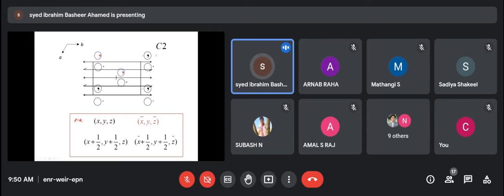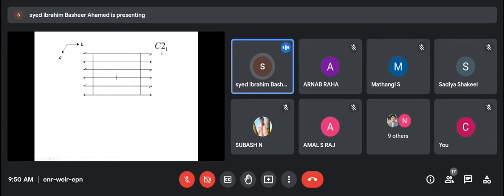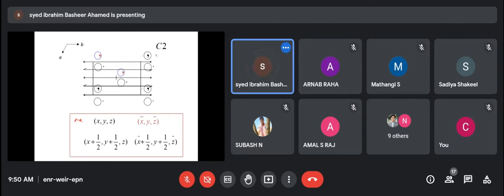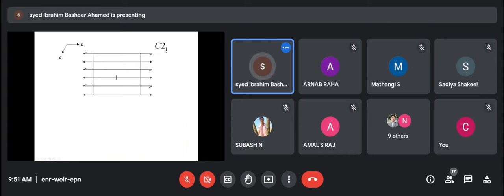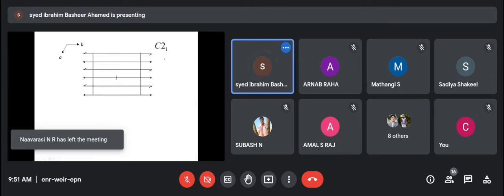So this is C2 space group. Now we are going to see C21, the space group C21. Here you have a 2-fold rotation axis. You have a 2-fold symbol, this double-headed arrow. So here you have C21, a screw axis.